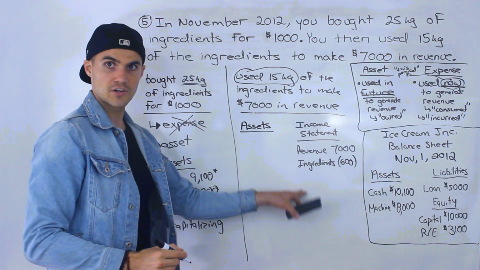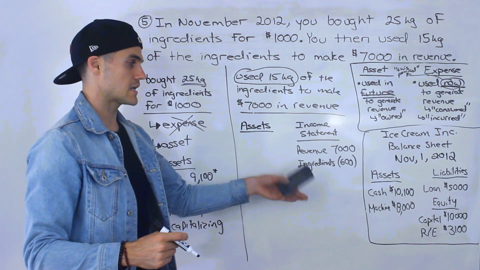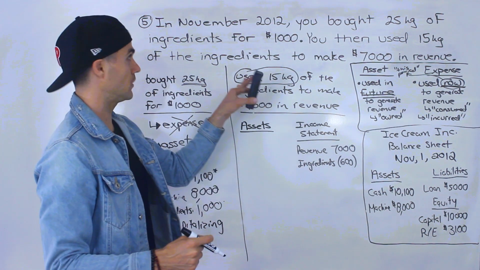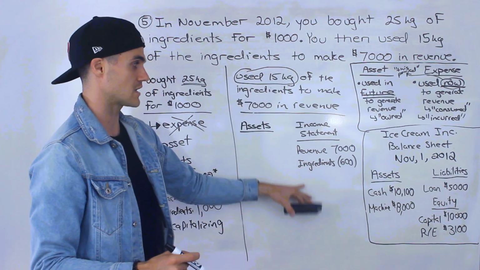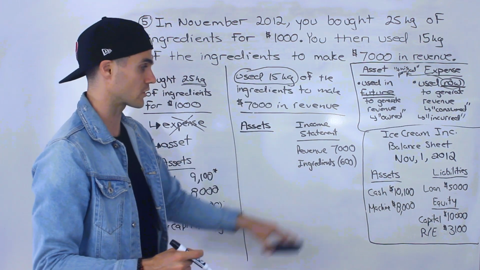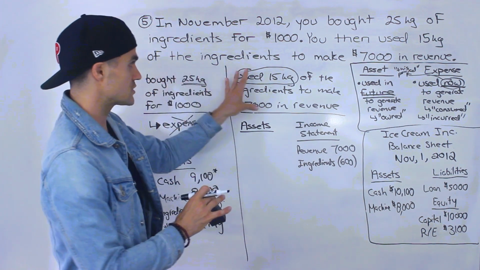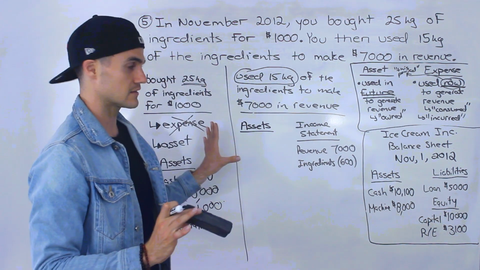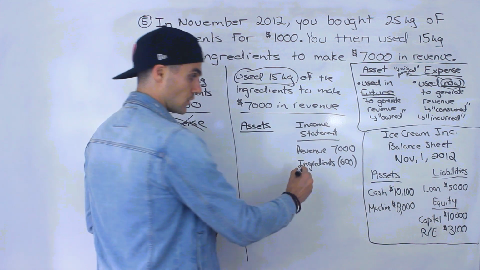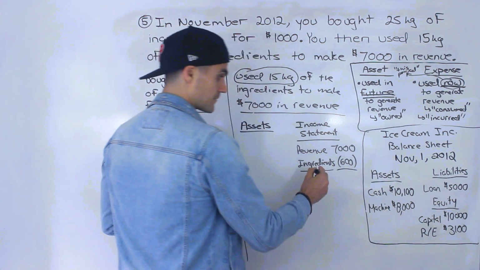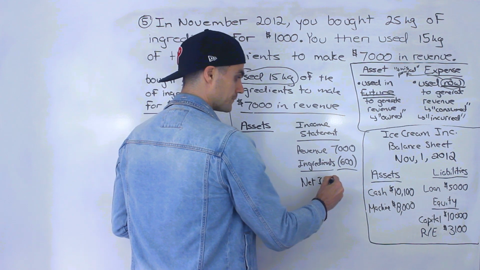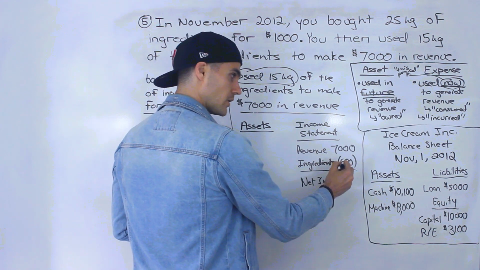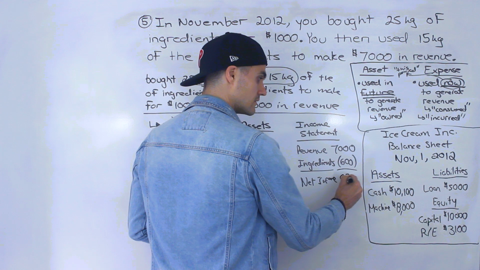Now, there's going to be other expenses like the rent, the interest, the utilities that was in this scenario. I'm going to bring that back after and fill this income statement in with more expenses. But for now, with these two transactions, let's just pretend that this is all that's happening. So with these, what's going to be our net income? It's going to be $6,400.